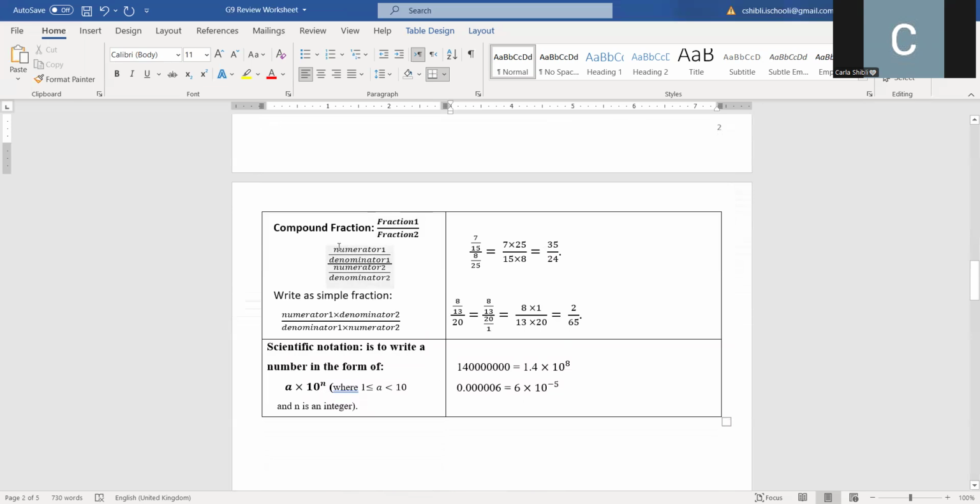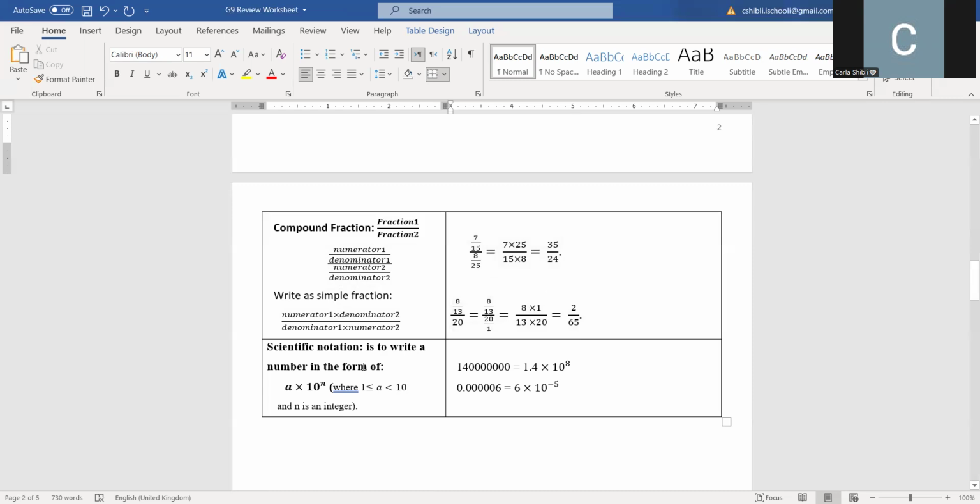We always multiply numerator 1 by denominator 2 over denominator 1 times the numerator 2. As we say, far times far over near times near. For example, 7 over 15 over 8 over 25. We multiply 7 times 25 over 15 times 8. We simplify the fraction if we can simplify.